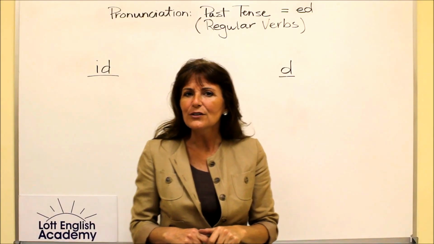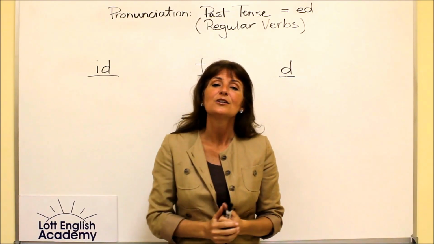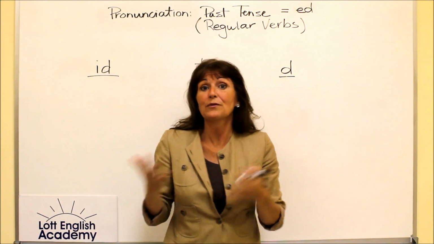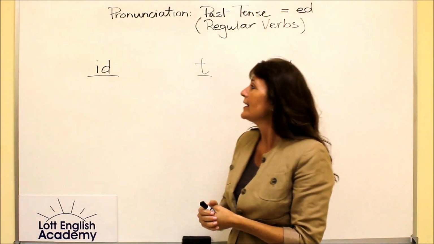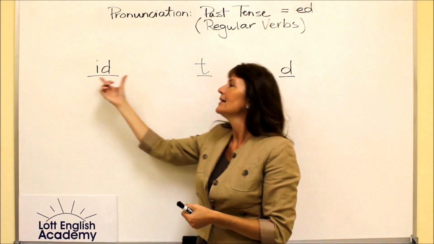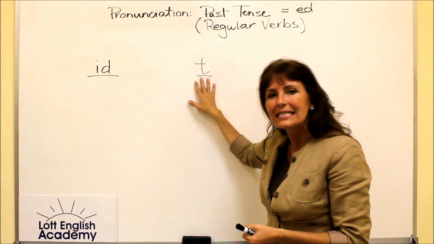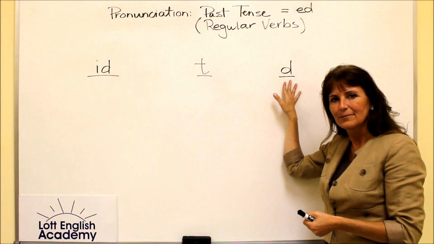Well, the reason students are confused is because there are three different possible ways to pronounce words in the past tense. We've got an ending sound like id, an ending sound like t, and an ending sound like d.